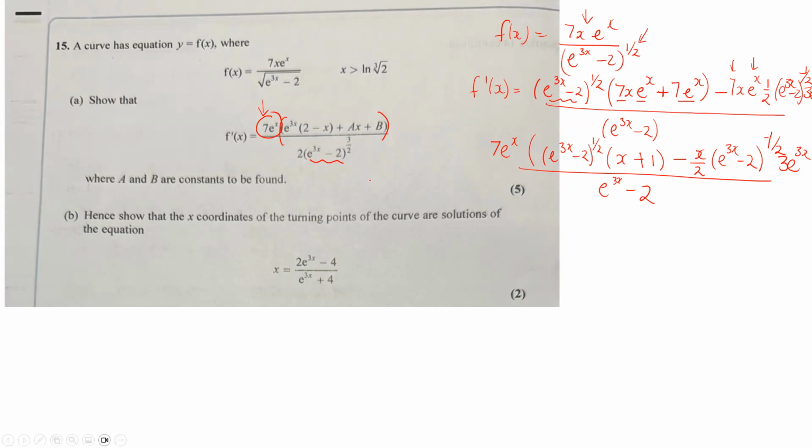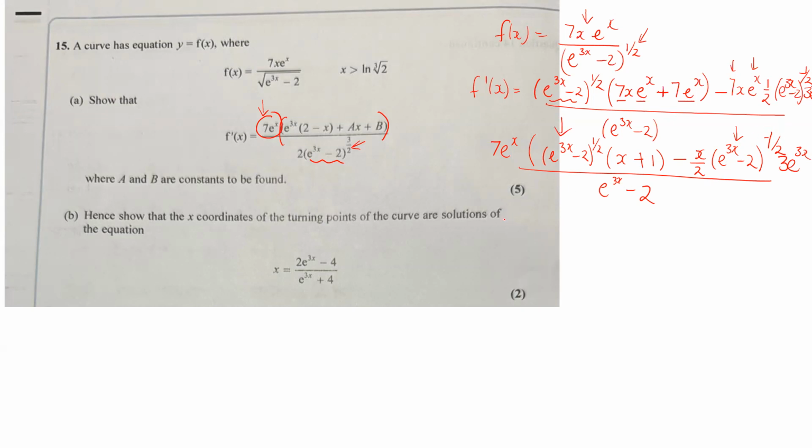So thank you, Ritesh. What should we have a look at doing next? We've got to somehow try and get on the bottom more of the e to the 3x minus 2. So then I've got the 7 e to the x on the front. I've got this term and this term, which have all got something in common, the e to the 3x minus 2 to the half. Now, when you're taking things out to a power, you look to what's got the lowest half.